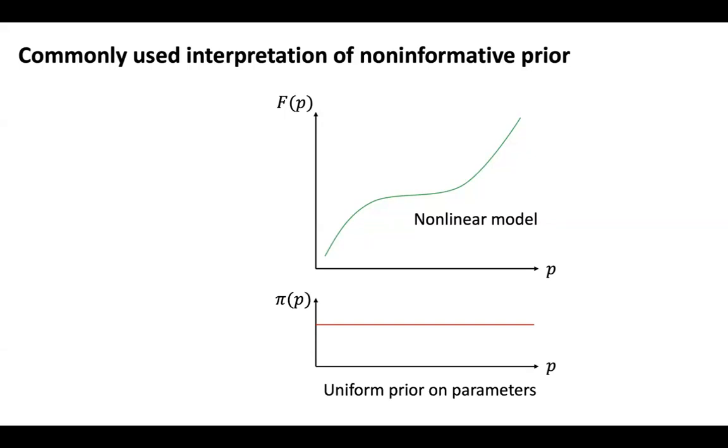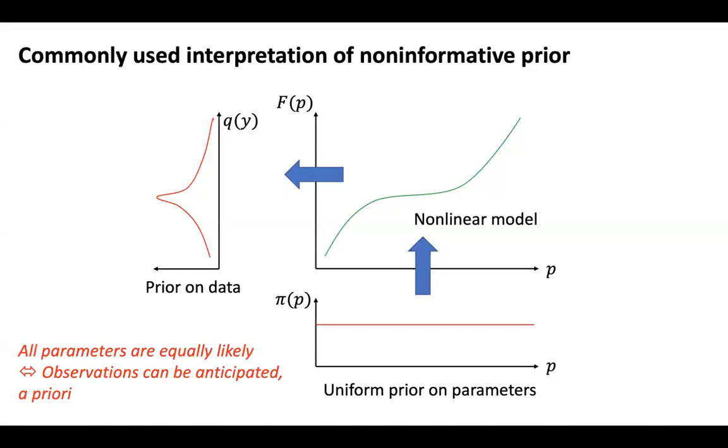Suppose we take this uninformative prior distribution on the parameters. We are saying that for this range of parameters, our model is going to give us a similar output, but for this range, it's going to give us very different outputs. So when we put this whole distribution through the model, we get something that looks like this.